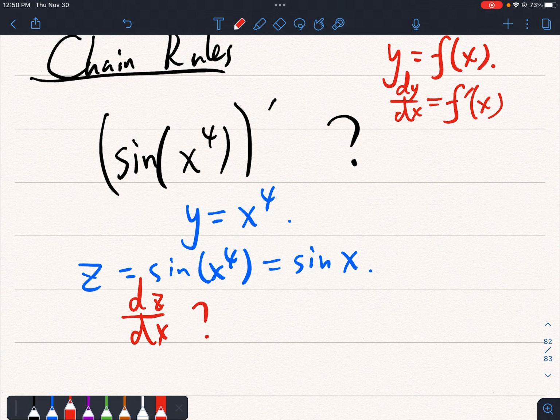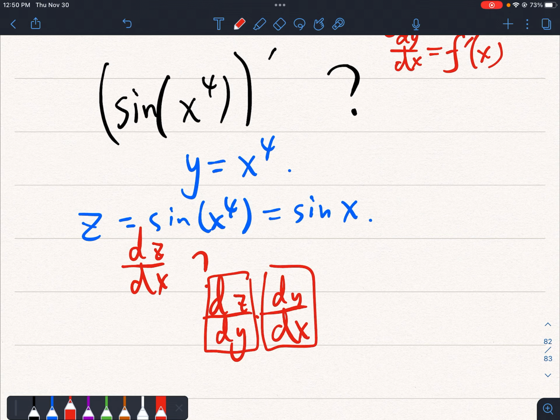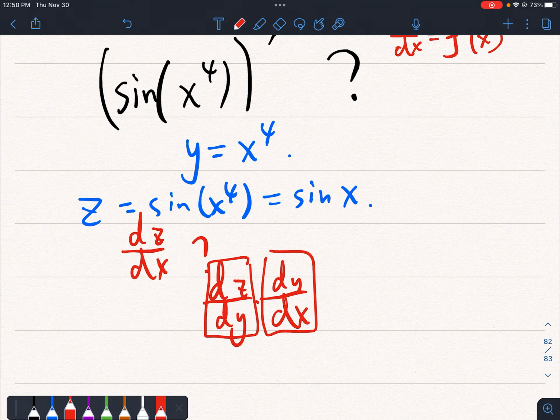So what we are asked to find is dz over dx, and the only way to do it is to use the chain rule. We can write this as dz over dy times dy over dx, which means we first evaluate dz over dy and then use it to evaluate dy over dx.